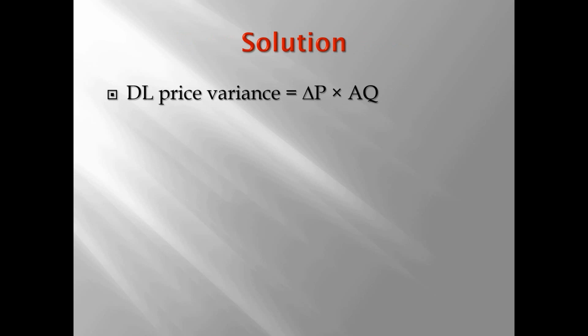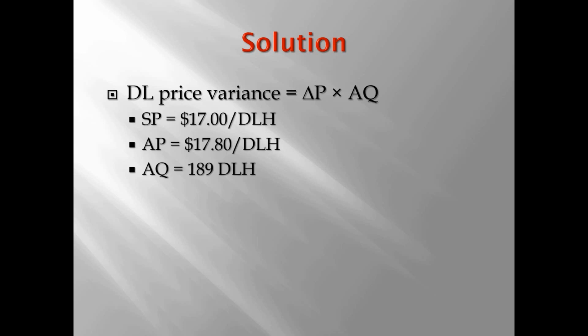The formula for a direct labor price variance is the difference in the price between the actual price and the budgeted price at the actual quantity used. We were given the standard price, $17 per labor hour, and the actual price, $17.80 per labor hour. And we know the actual quantity of direct labor that was used.